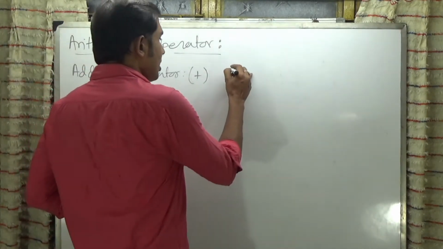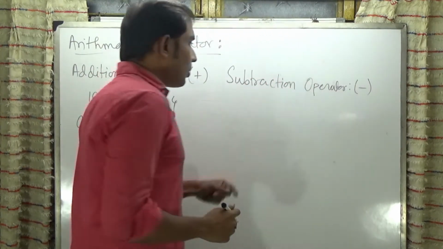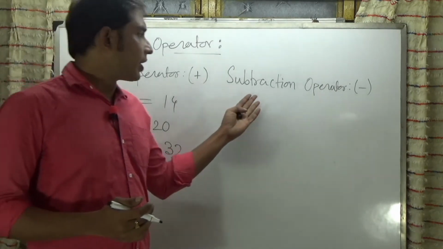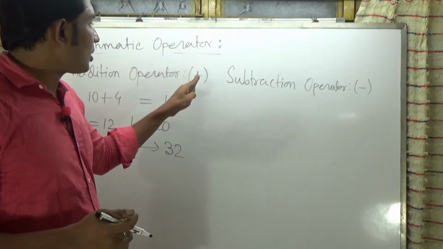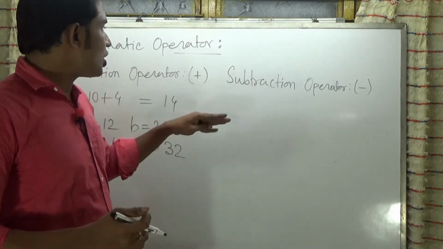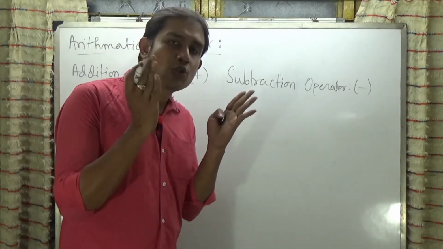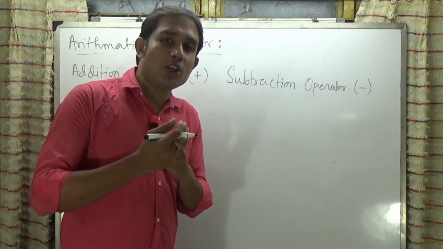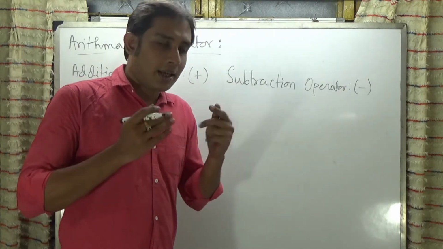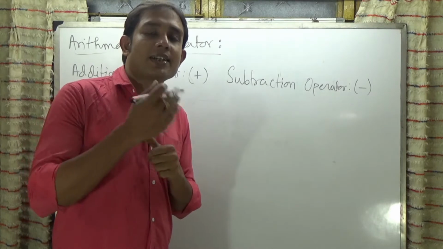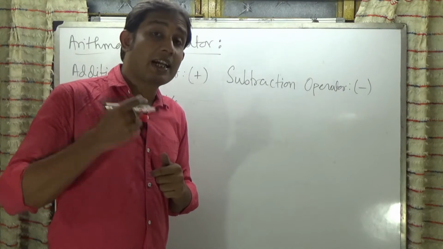Now the subtraction operation. Before starting the subtraction operator, I would like to mention one thing: the plus operator in arithmetic is actually used for adding two values, but it can also be used to concatenate two strings, which will be discussed elaborately in the string chapter, and it is also used with lists and tuples.